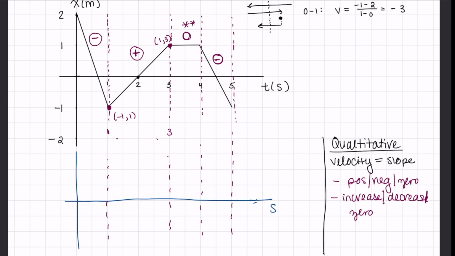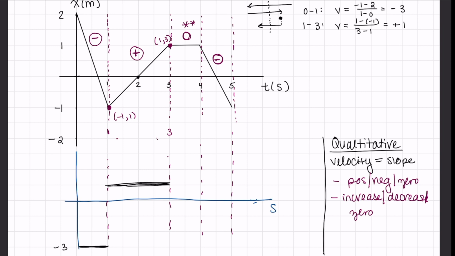So that would be negative 3. So we'll call this negative 3 down here. The other one from 1 to 3 we found, 3 minus 1, that's a plus 1. So that would be here.